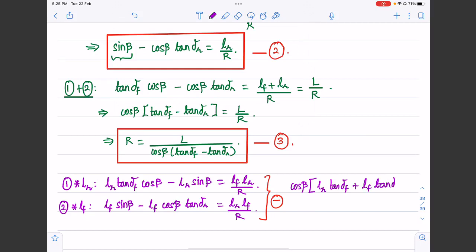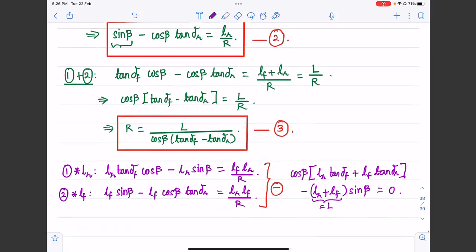Please note that you need to subtract them, not add them. Then I'll have minus LR sin beta minus LF sin beta. I take minus sin beta common and get LF plus LR. That's going to be equal to 0 because the right hand side is the same in both equations, so they cancel out. And as we know, LF plus LR is anyway capital L.